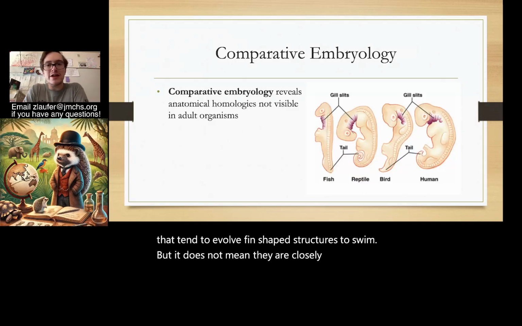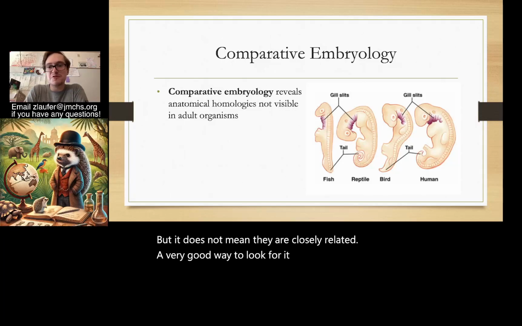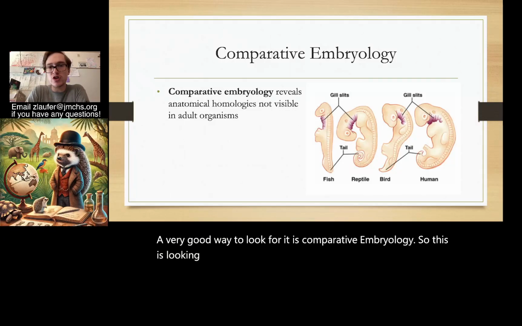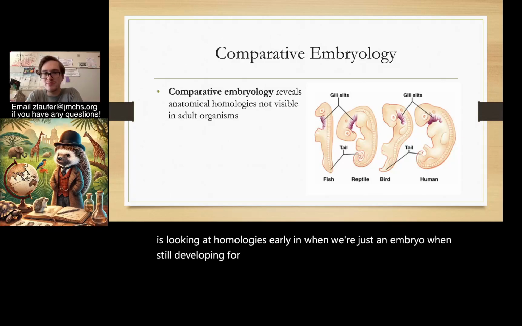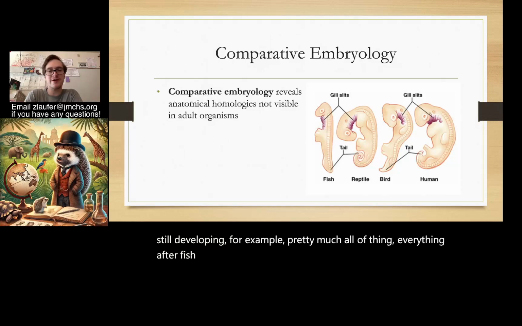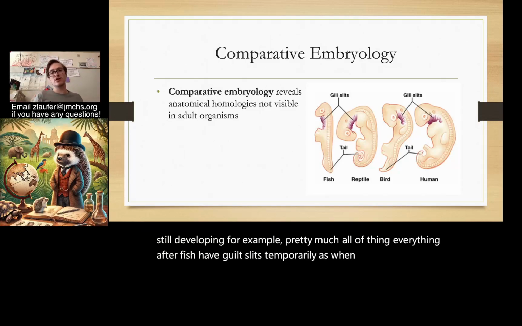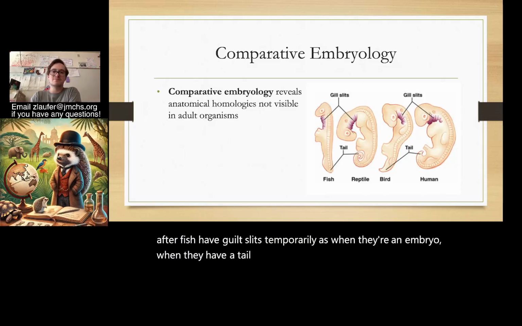A very good way to look for it is comparative embryology. So this is looking at homologies early on, when we're just an embryo, still developing. For example, pretty much everything after fish has gill slits temporarily when they're an embryo, and they have a tail. But that doesn't persist.